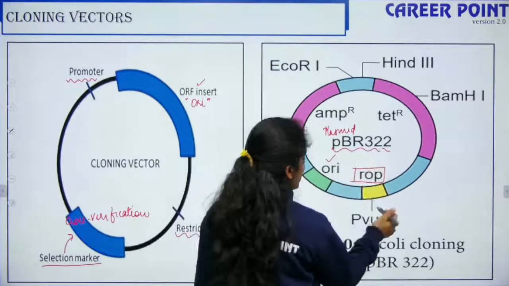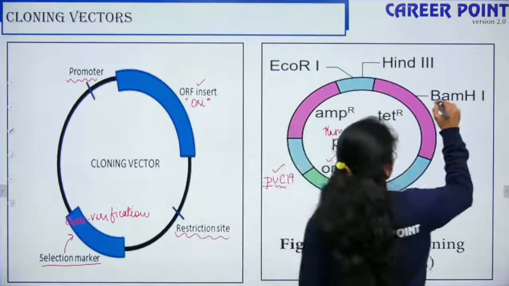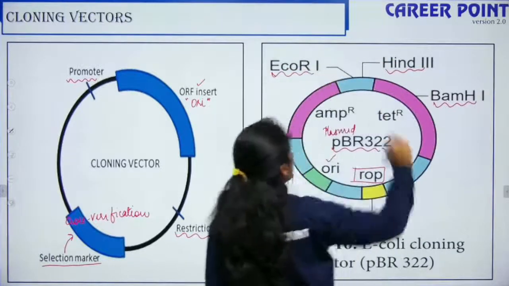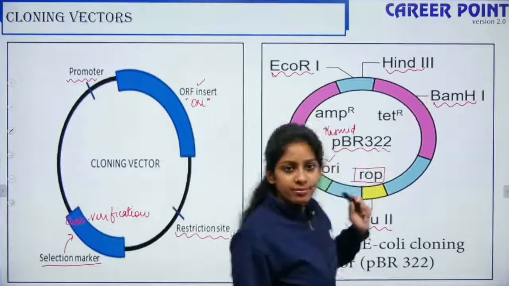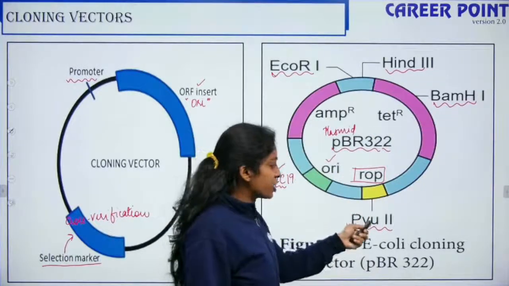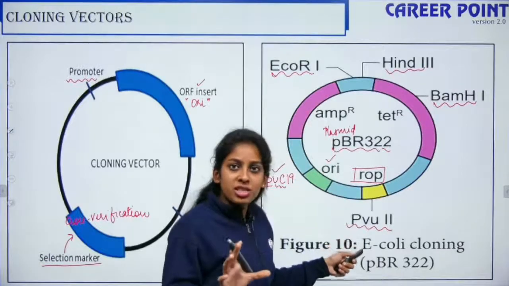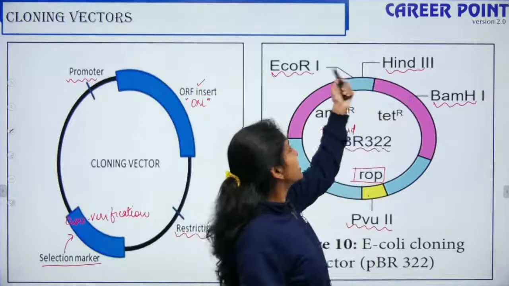Apart from that, if you see, it has restriction sites. PvuII, BamHI, HindIII and EcoRI are the restriction sites. These are restriction enzymes, right? So the restriction enzymes are mentioned here, and the recognition sites for these enzymes are present at these points.